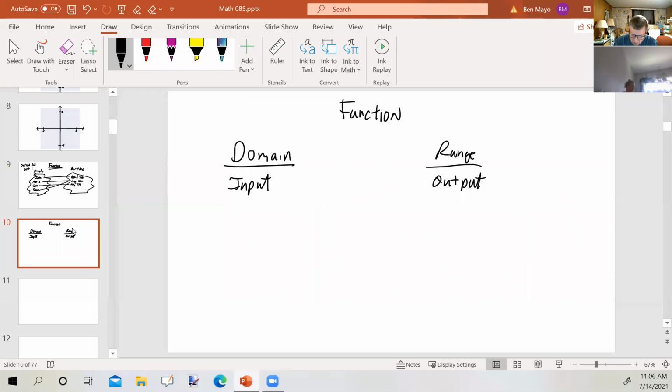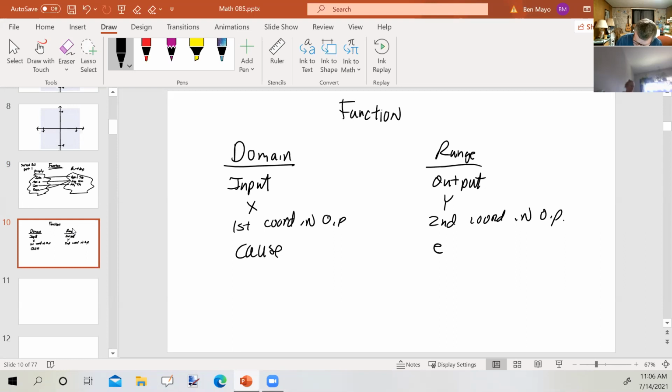So we could have input, output, x, y, first coordinate in an ordered pair, second coordinate in an ordered pair.